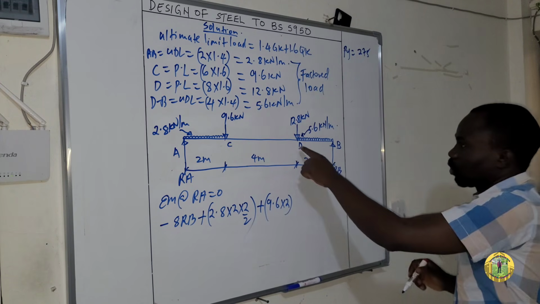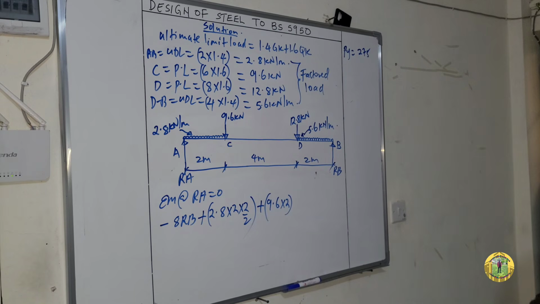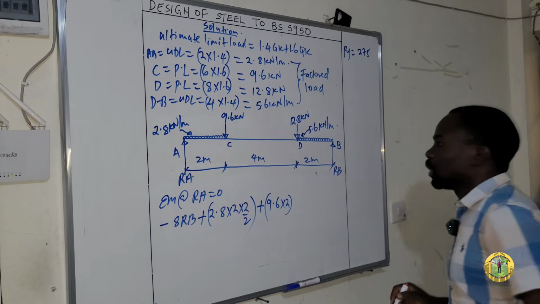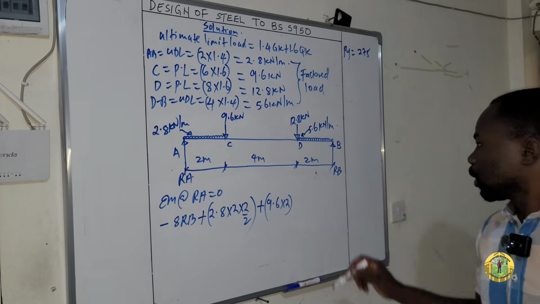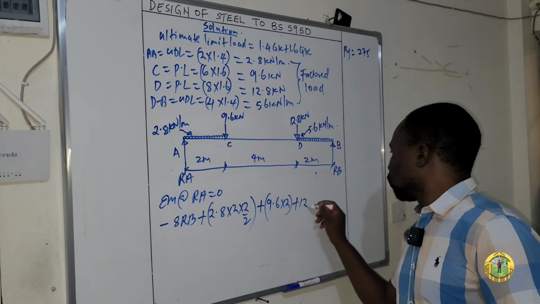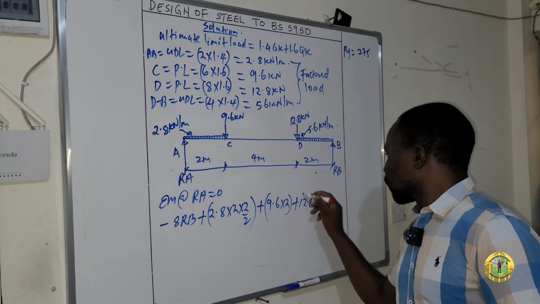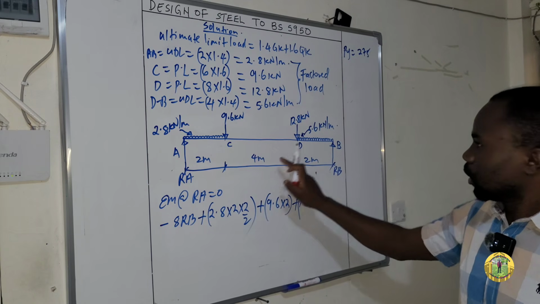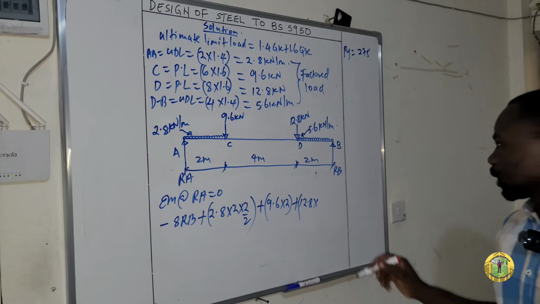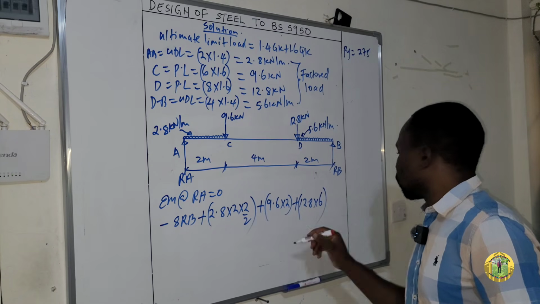Again, we'll come to this 12.8. In which direction is 12.8 moving in reference to point A? It is moving in clockwise direction, this way. So plus 12.8, and the distance from A to where 12.8 is, is 2 plus 4, so this is 6.